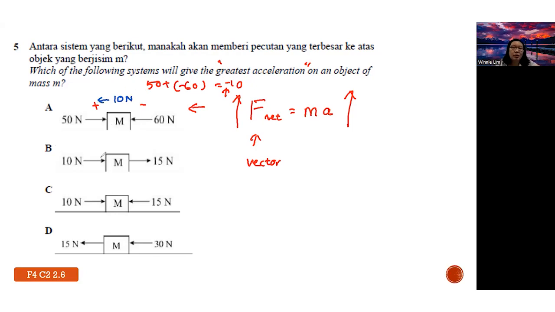B is now the same direction, so you can still assume both are positive, so you have positive 25. Positive means toward the right side. Then for this one, again you see opposite directions, so the net force is 5 Newton the other way. And lastly, this will be 45 Newton. So among all four options, the greatest force is this. So the answer will be D.